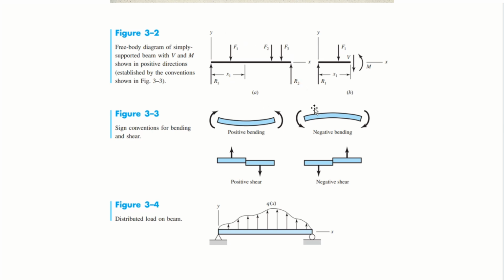This is figure 3.3, the shear force, showing positive shear and negative shear. You can see the bending moment whenever the force is given, with opposing forces, one up and one down. So we give the shear force.